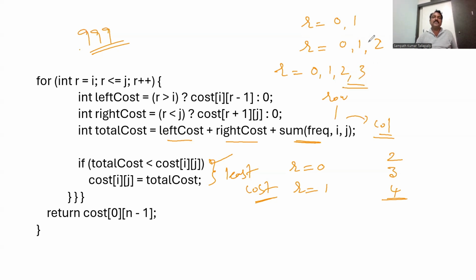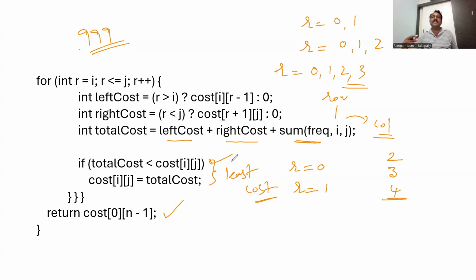It means that now we calculate the minimum element and keep it in that matrix, and at the end we send the rightmost element of that matrix to the calling function. We assume that this element is the minimum cost of the optimal binary search tree which is being created. So this is the very simple logic.